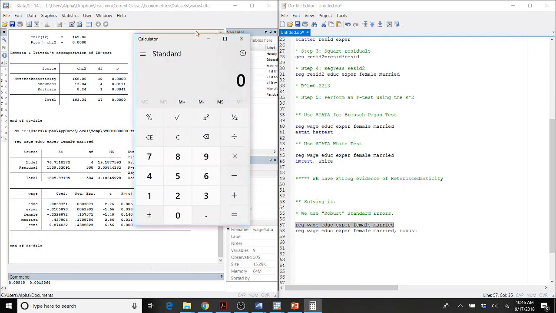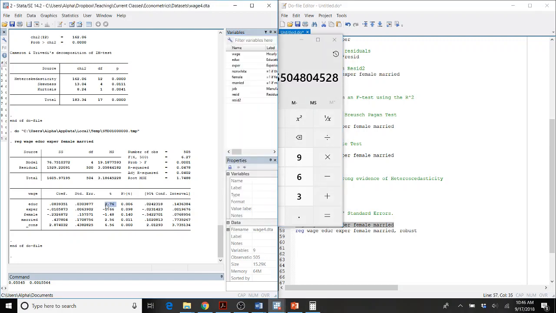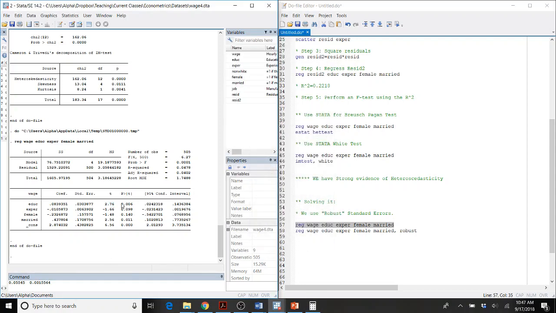We calculate the t-statistic by dividing the coefficient, where it is for education, 8393, divided by 0.030388. All right? And we'll get a t-statistic of 2.76. Okay, that's exactly what we get. So this is where our t-statistic comes from. It's the coefficient divided by the standard error. We use our t-statistic to figure out our significance.